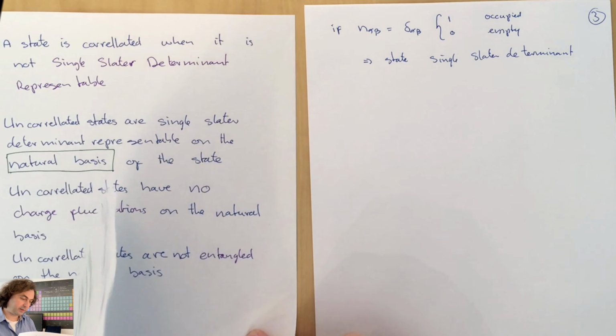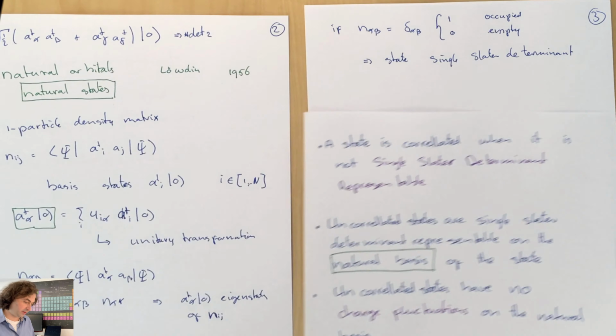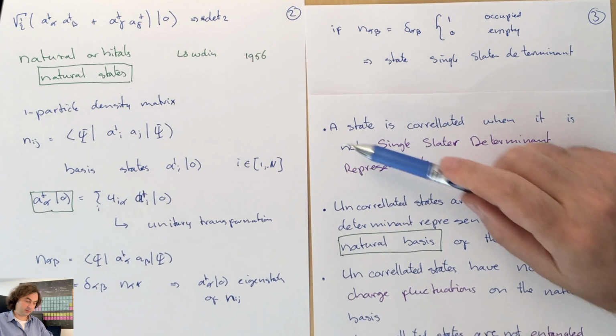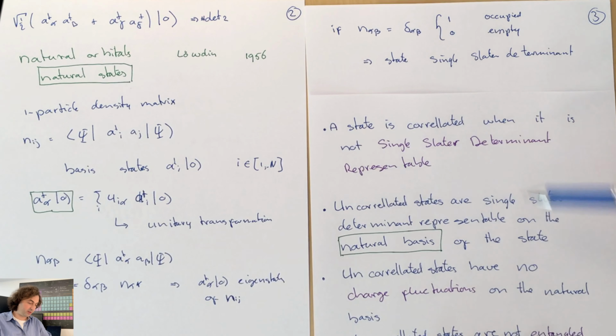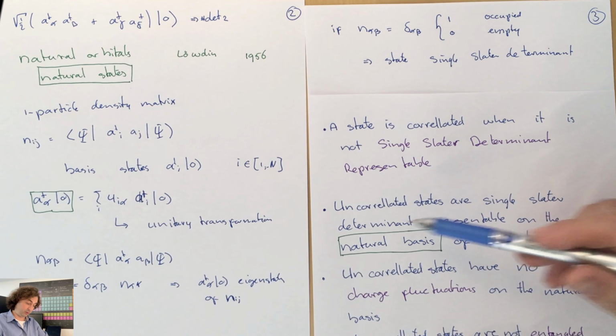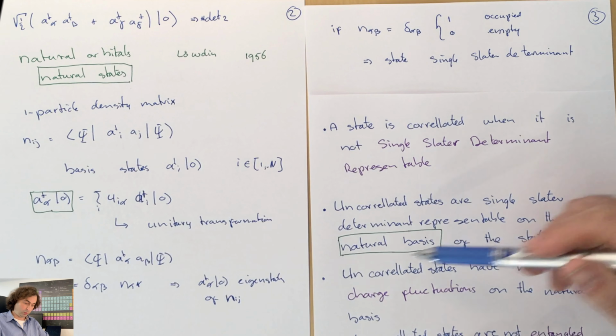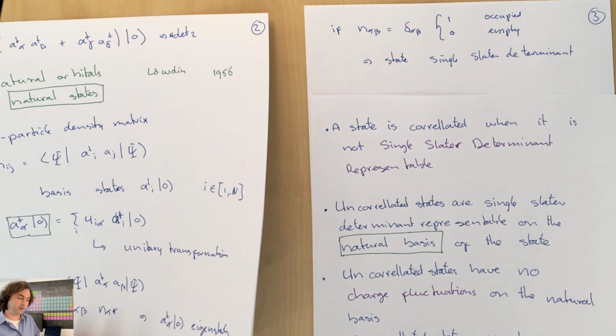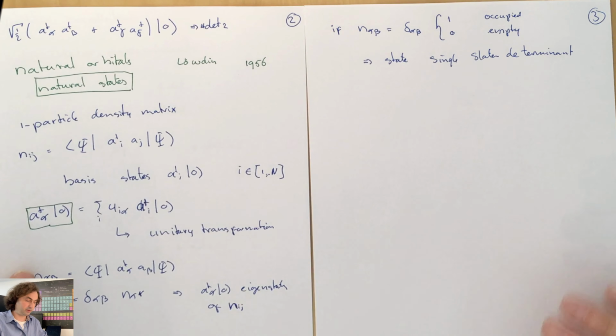So if we come back to the definitions, then we first of all said that a state is correlated when it is not single Slater determinant representable. We can now turn this around and say uncorrelated states are single Slater determinant representable on the natural basis of the state. And this will always be true. We saw this, for example, in our mean field examples where you calculate the band structure of a material.